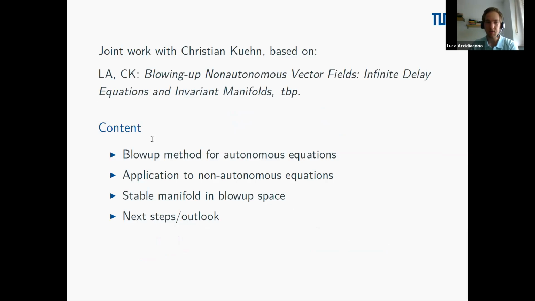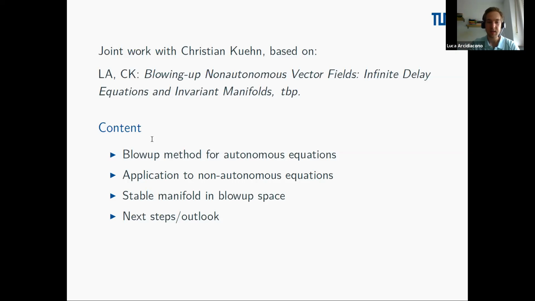Let me briefly outline the content of today's presentation. As a first step, we will shortly have a look at the Blowup method in the case of autonomous equations, and we'll then apply this procedure to non-autonomous equations and see what changes in this different setting. It will turn out that this leads to an infinite dimensional phase space and to delay equations.